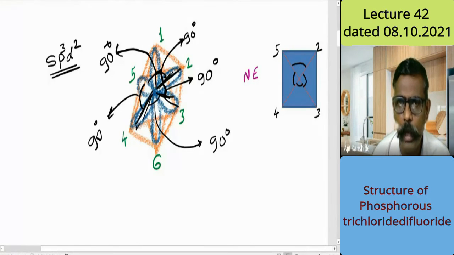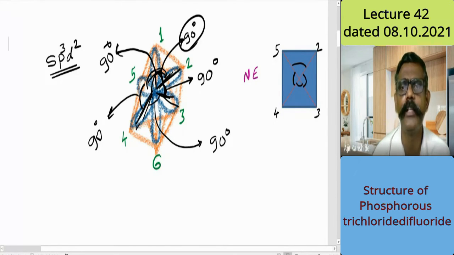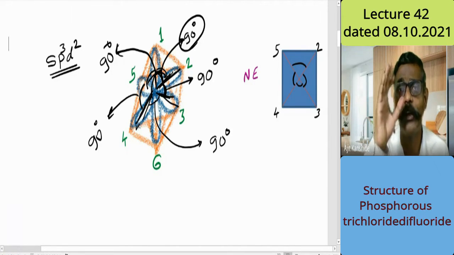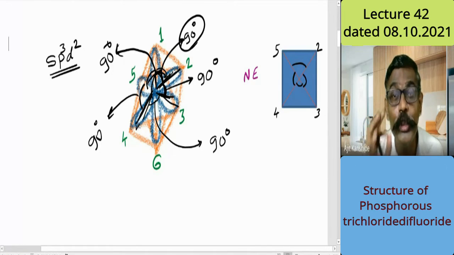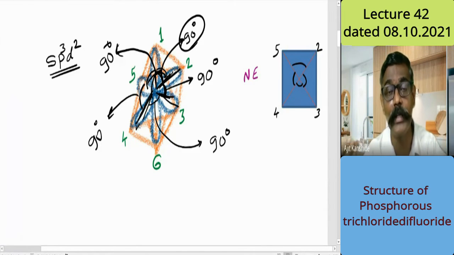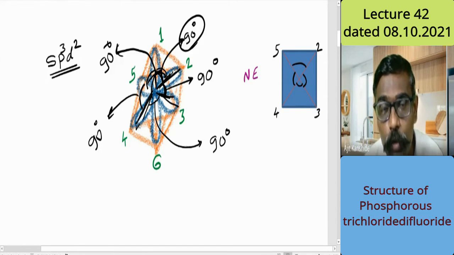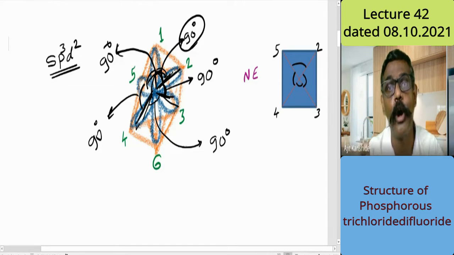Between position number 1 and position number 2, position number 1 and position number 3, position number 1 and position number 4, position number 1 and position number 5, everywhere the angle is 90 degrees. See, everywhere the angular separation is uniform. If uniformity is there, then on what ground are you saying these orbitals are non-equivalent?